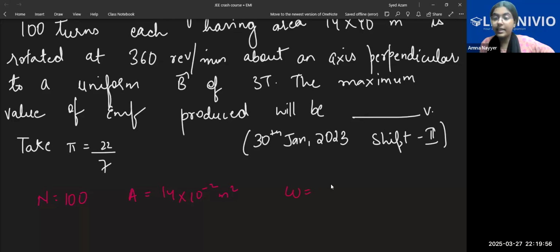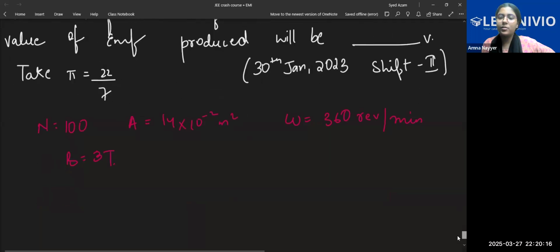Not radian. Radian is not mentioned. This is saying 360 revolutions per minute, not seconds. About an axis perpendicular to a uniform magnetic field, B is given as 3 Tesla. Maximum value of EMF produced, take pi as 22 by 7.